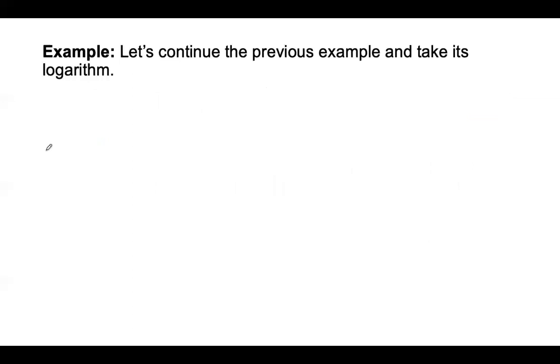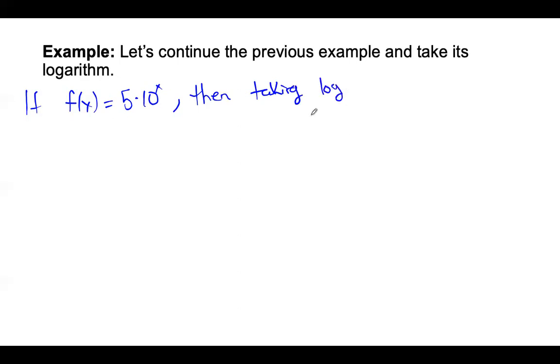Let's see an example. Previously, our example was f of x is equal to 5 times 10 to the power x. Let's take the log of this, taking a log base 10.